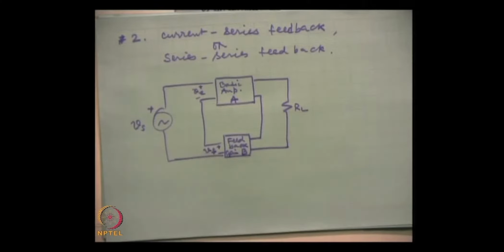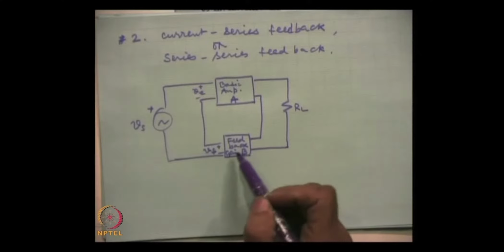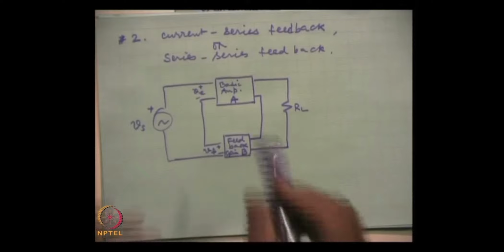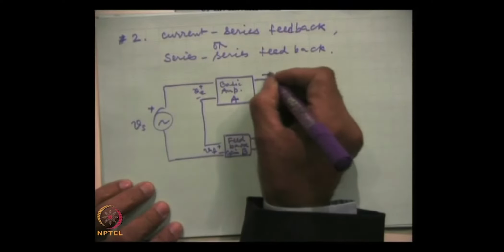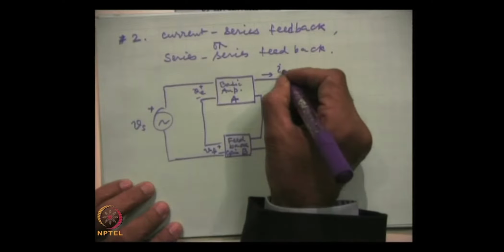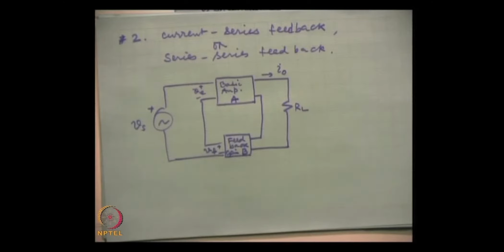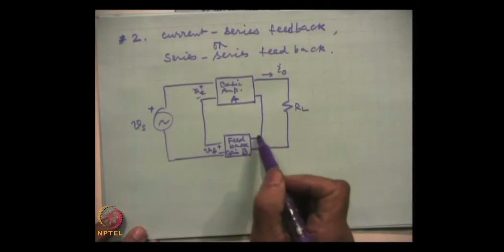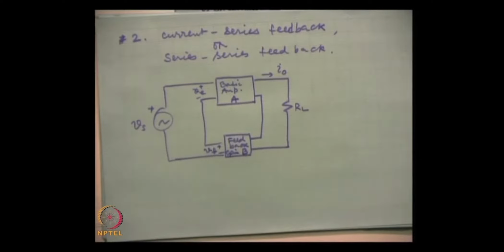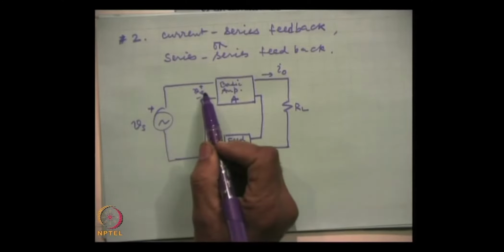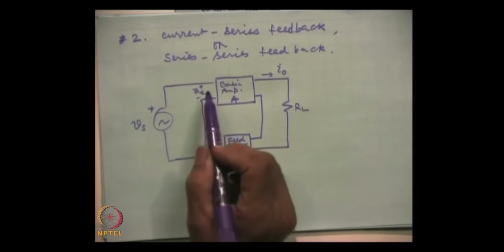So, this is the current series feedback. Why do we call it current series? Because the voltage which we are feeding back will vary in proportion to the output current I 0. This current, when it flows through this feedback network, will generate a voltage which becomes part of the input and hence the negative feedback.